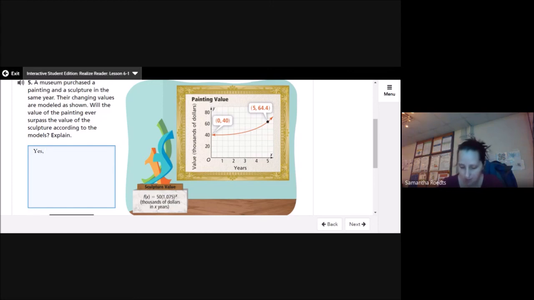Okay, so yes, the value of the painting is increasing at a greater average rate than the value of the sculpture. So the painting will eventually be more valuable.